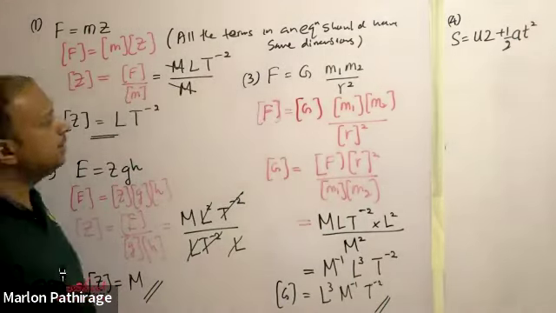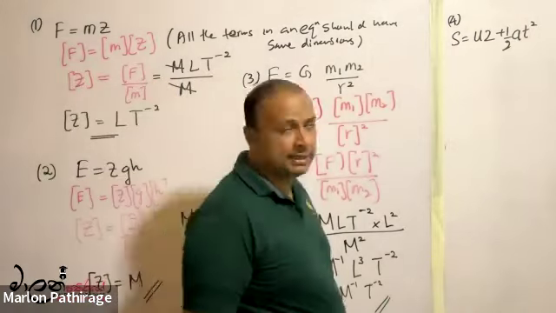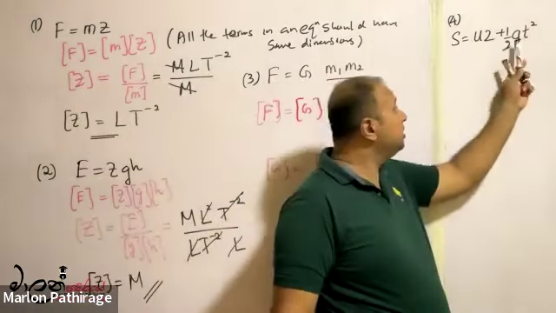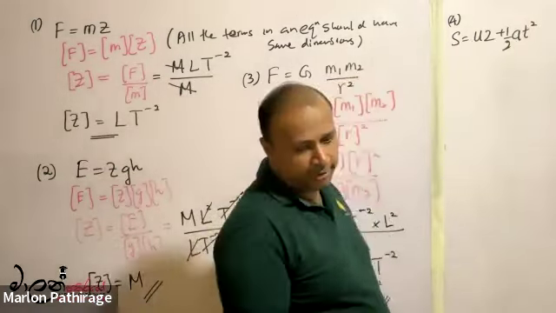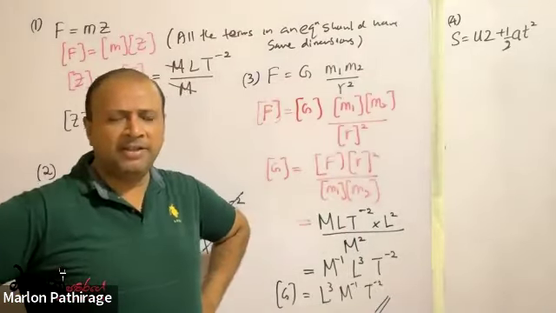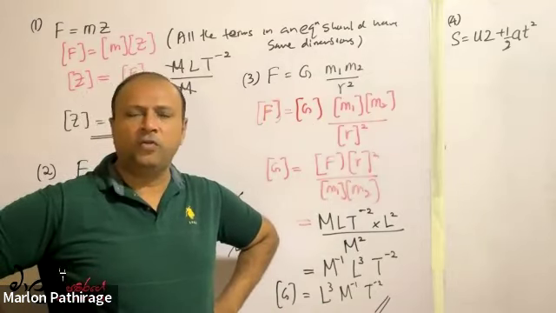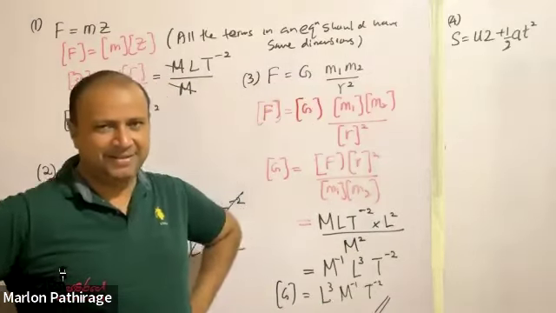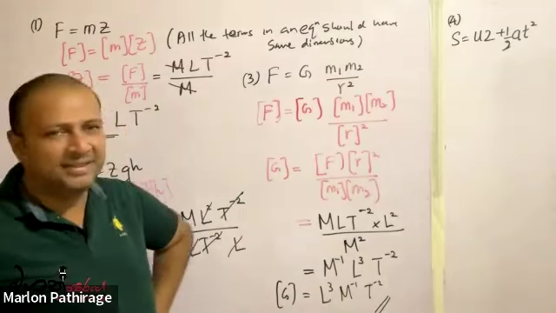U is a velocity, A is acceleration, T is a time. Now tell me how to determine the dimension of Z. What would be your argument? The fourth question.